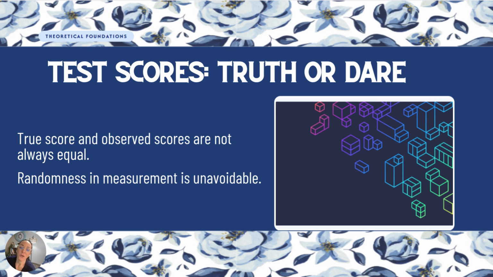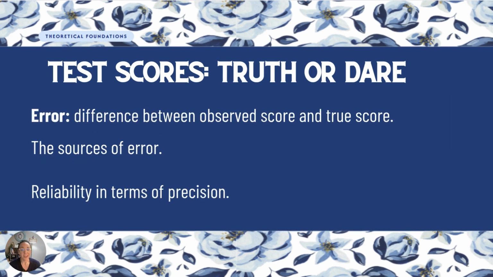So usually close, but rarely perfect. Testing instruments work similarly. Our goal in this is not perfection. Our goal will always be to minimize the error. So let's talk about the error. The error is the difference between one's observed score and one's theoretical true score.